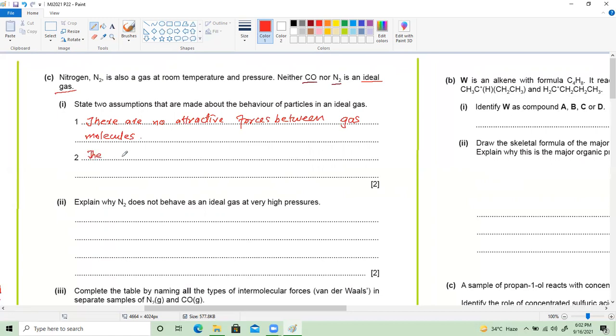Yes, volume भी negligible होता है, and the collisions between gas particles are perfectly elastic.